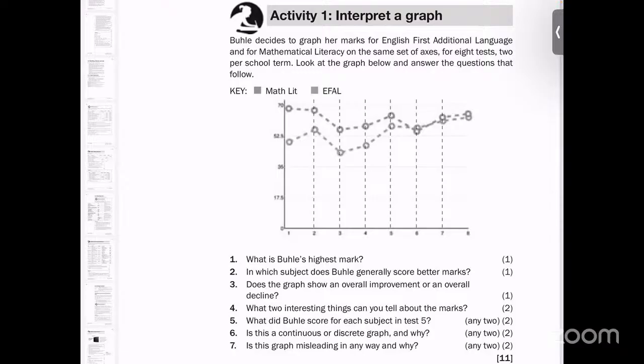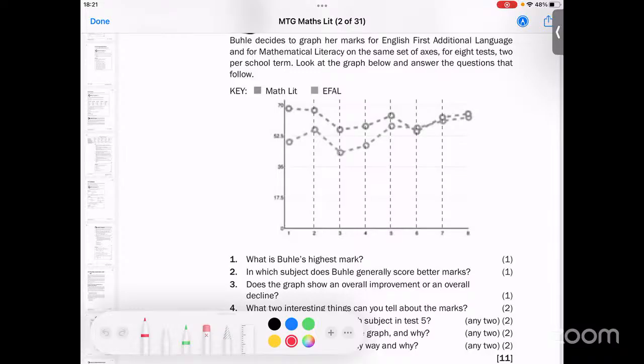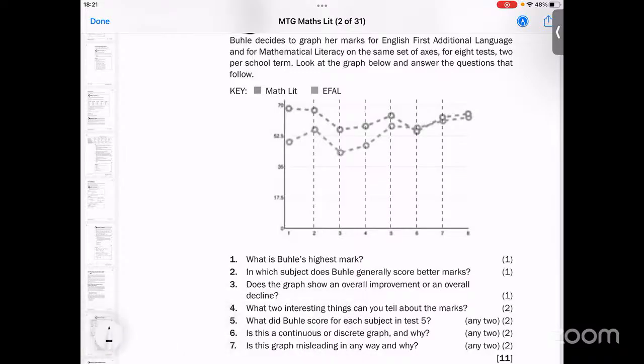I think let me try to do something that will make it easier to just be able to tell what is what. I will just shade that, just so that at least we've got the difference in those two graphs.